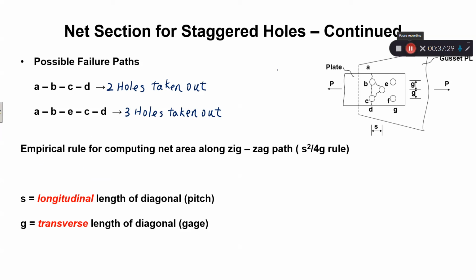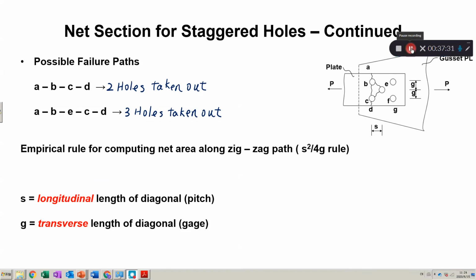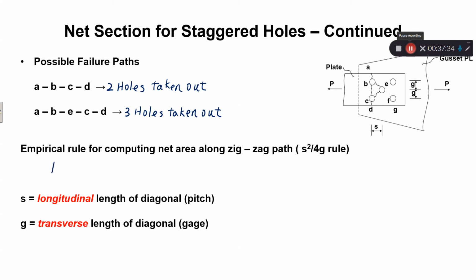So AN equals the AG, gross cross-sectional area, subtracted by the hole area, D hole, times the thickness, plus the sum of the zigzag path lengths, that's S squared over 4G, also times the thickness.